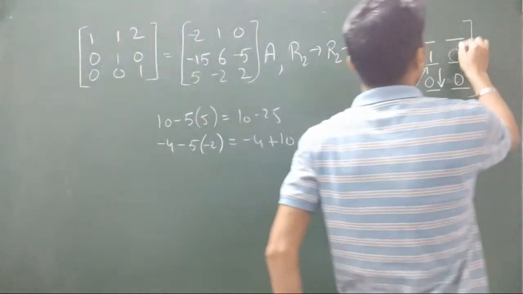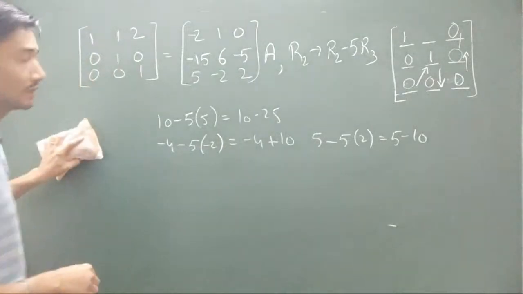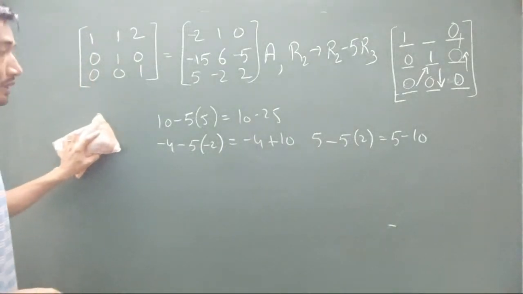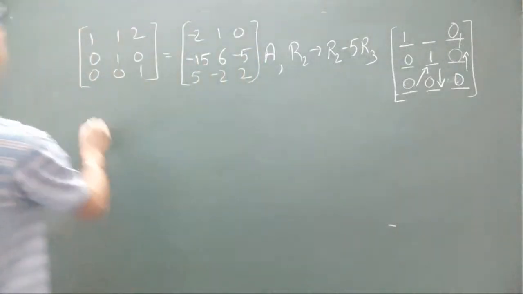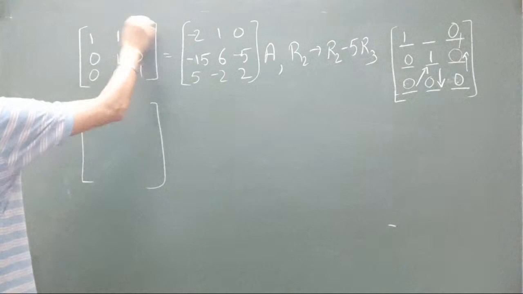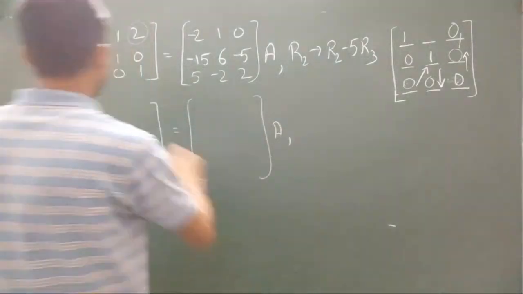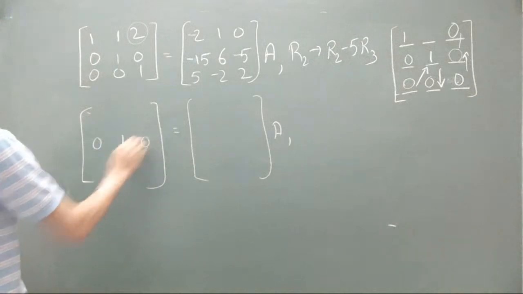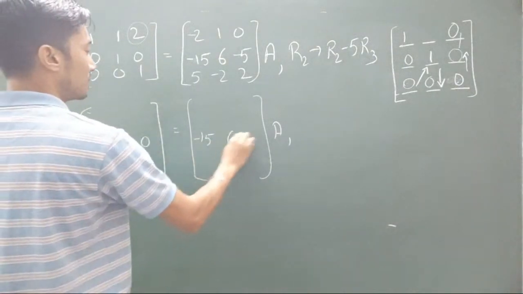Again, going back, I have to convert this to 0. Finished. I'm rubbing it off. Calculation, of course, you can just follow it up with the operations also. So next, my focus is on this to be 0. You can see R2 and R3 are already done. After that, of course, you can apply any operation also.